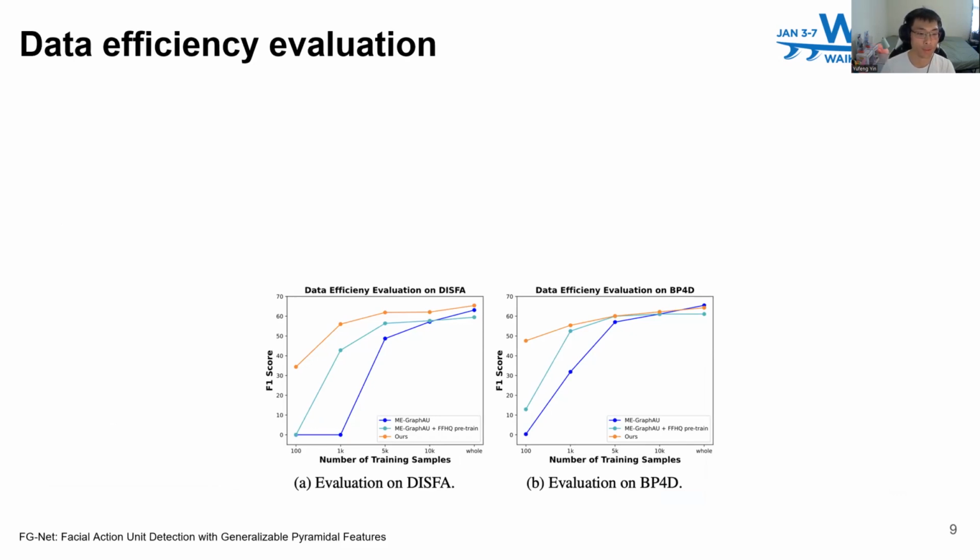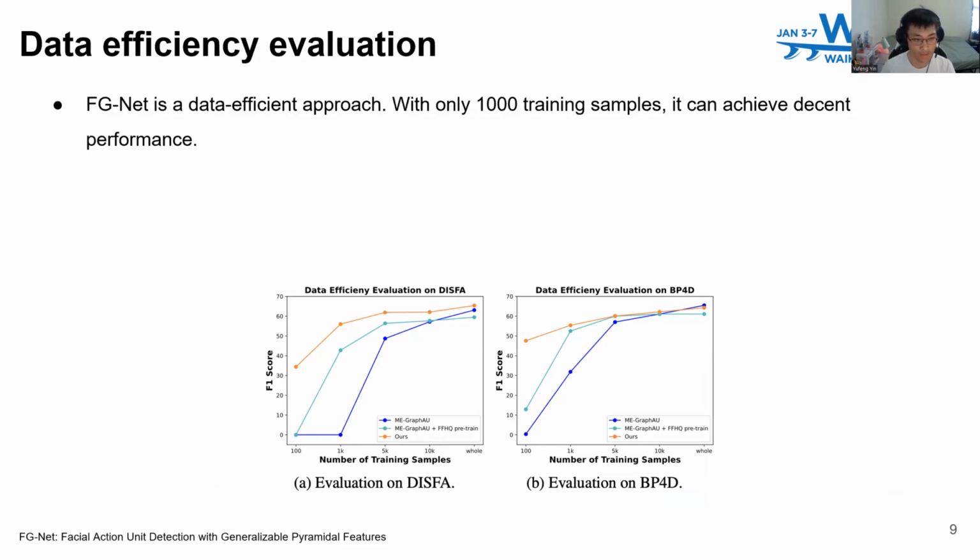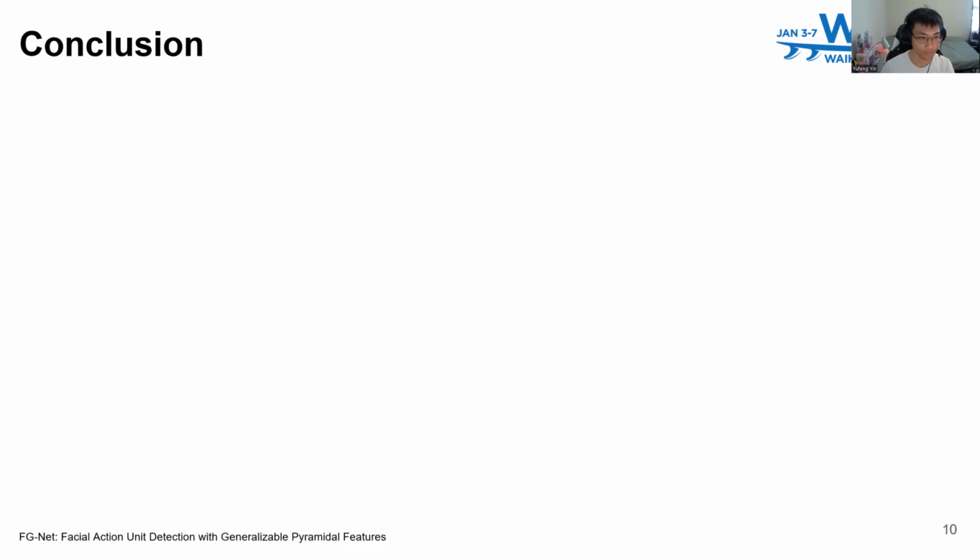Specifically, we train the model with 100, 1,000, 5,000, 10,000, and the whole dataset for training and evaluate the model's performance. We can see that FGNet is a data-efficient approach, and with only 1,000 training samples, it can achieve decent performance.